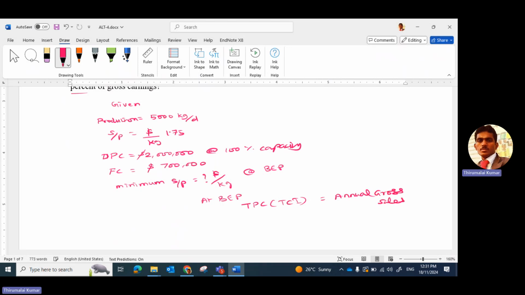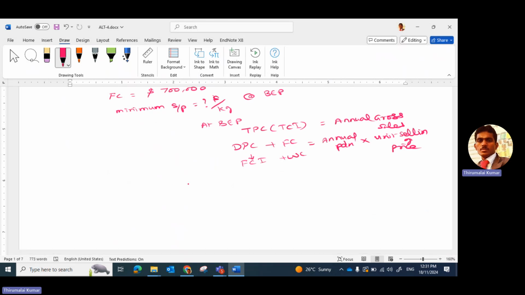To calculate the annual gross sales, it is annual production multiplied by the unit selling price. Here, total product cost is the summation of direct production cost plus fixed cost, in other words the summation of FCI plus WC.